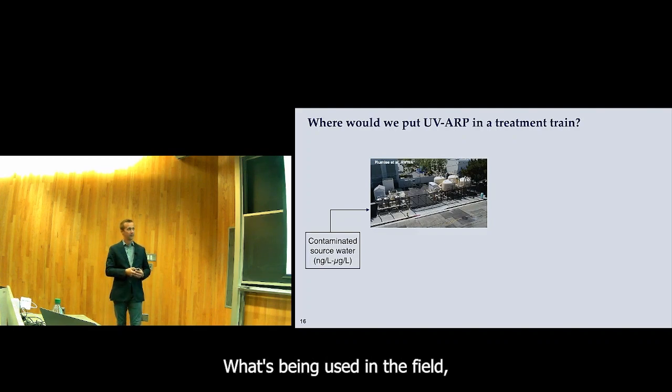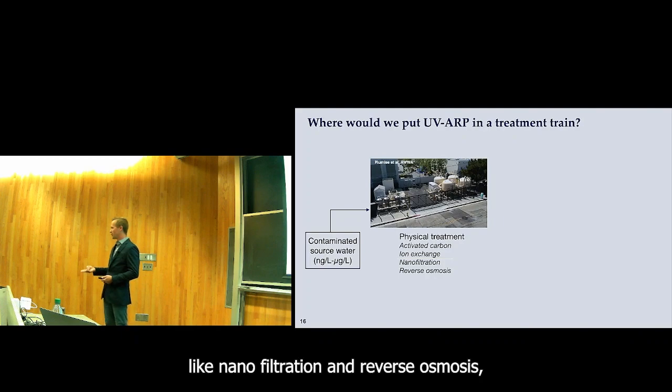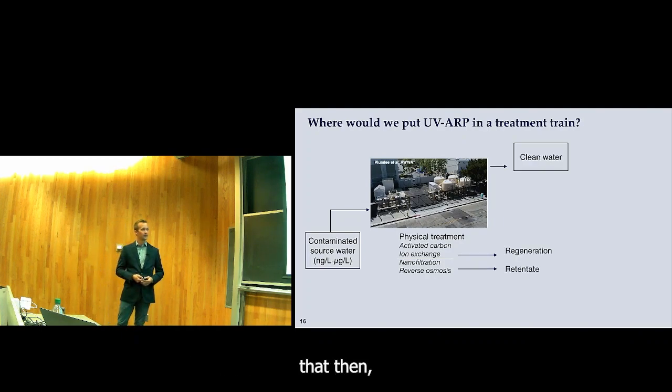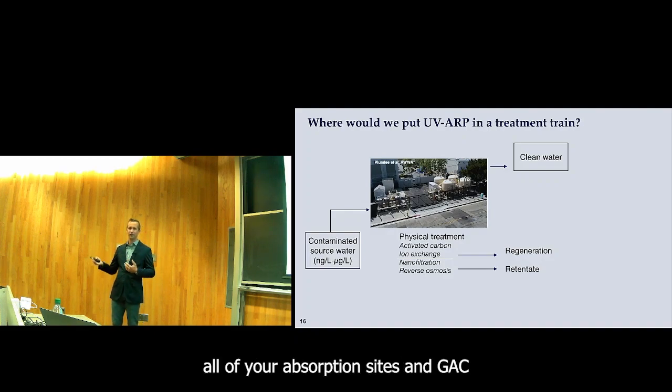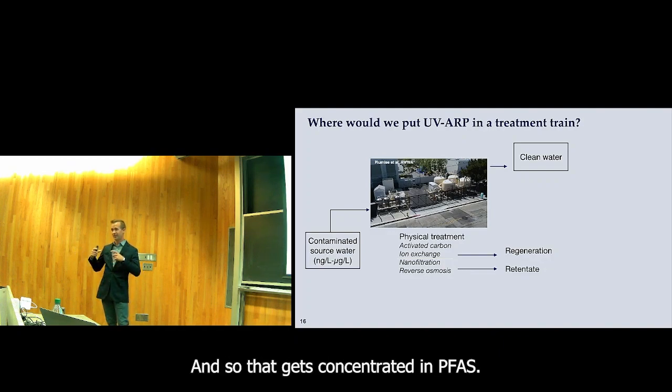What's being used in the field, if a water source has these issues, is either granular activated carbon or ion exchange. There are some applications for filtration technologies like nanofiltration and reverse osmosis. That gives you clean water, but eventually all of your adsorption sites in GAC or ion exchange are used up. Or if you're using filtration, the water that doesn't go through the filter has to go somewhere, and so that gets concentrated in PFAS.